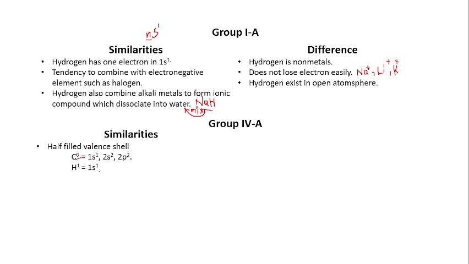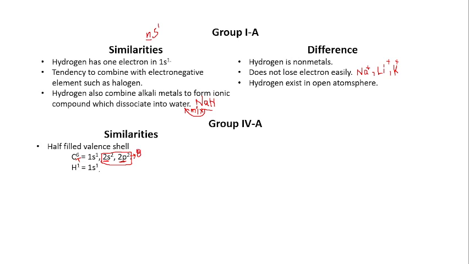Carbon has 6 electrons, and its electronic configuration is 1s2, 2s2, 2p2. The 2s and 2p subshells belong to shell number 2, which is the valence shell of carbon. There are only 4 electrons in carbon's valence shell, 2 plus 2.